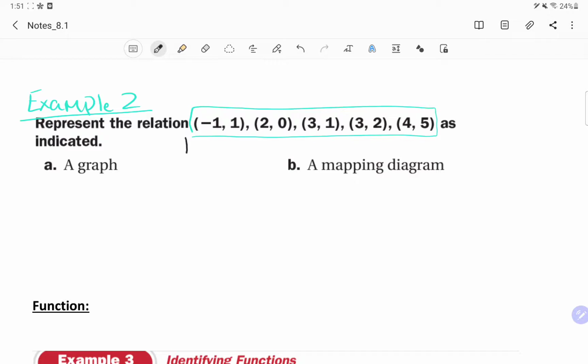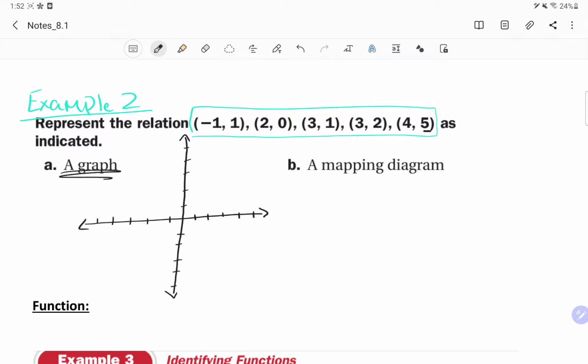To do that, I'm just going to make my coordinate plane. My largest number up here is 5, so that's how many little ticks I'm going to put on my graph. And then I'm going to just plot my points.